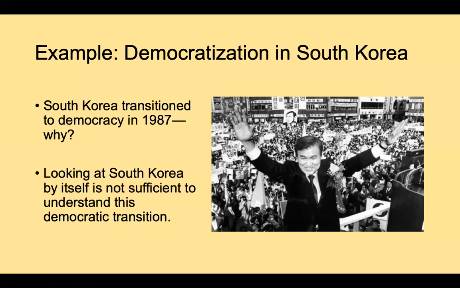We actually can't learn anything about South Korea just by looking at South Korea. We have to look outside of South Korea. Looking at South Korea by itself might be enough to do a number of things. We can observe and describe and categorize perhaps, but we can't necessarily understand what caused that transition.